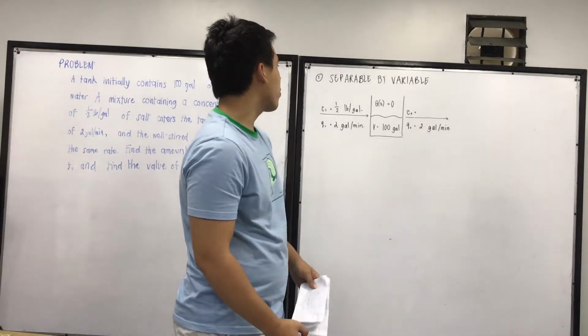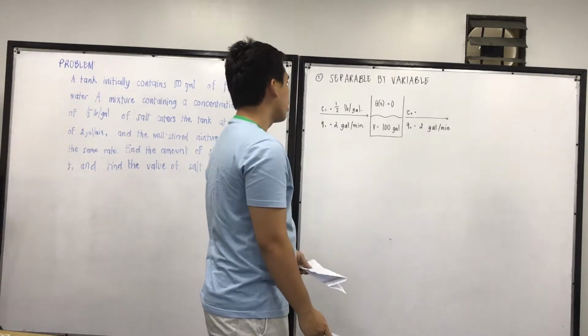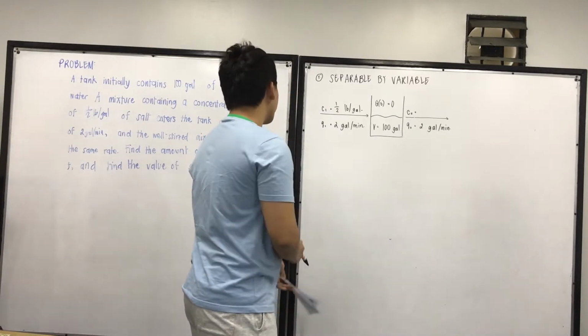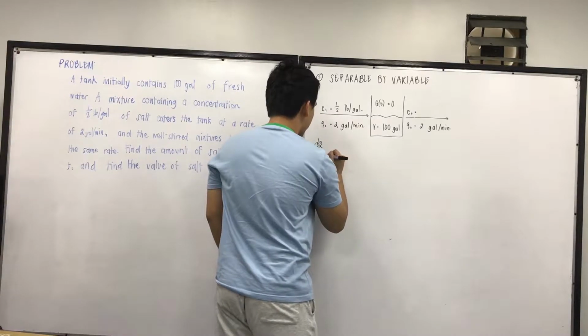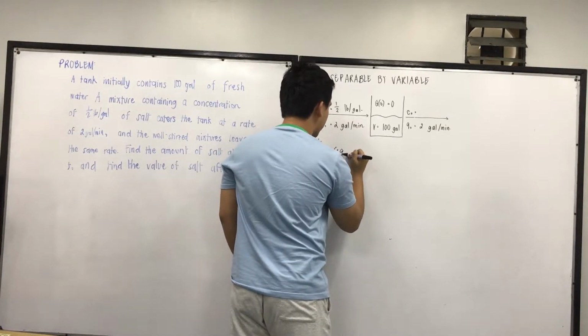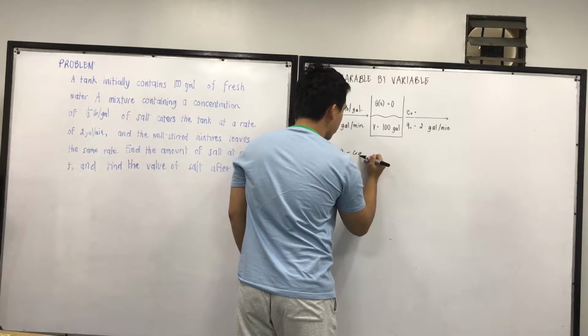So the first method to be used is separable by variable. The given equation for the mixing problem is dQ over dt equals Ci Qi minus Co Qo.